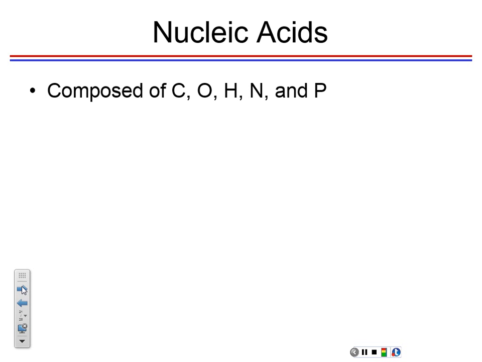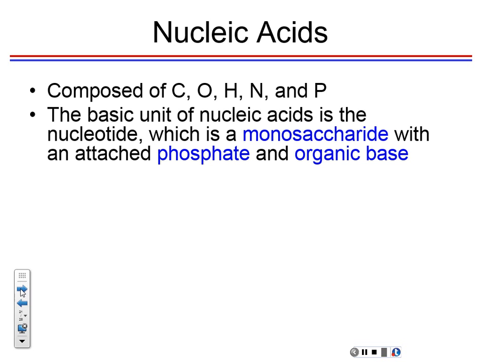All right. So you see what we're doing? CHONP. This is more complex, and it's what is actually used for genetic material, the DNA. So the basic unit is a nucleic acid, and it's made up of nucleotides.